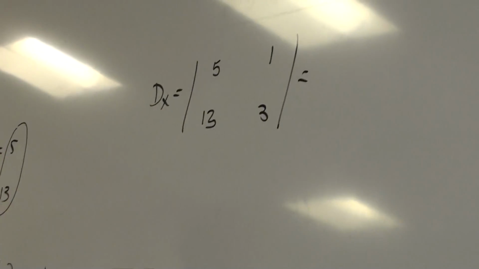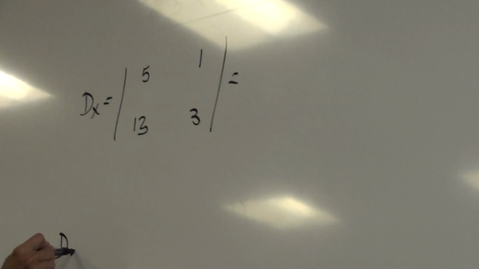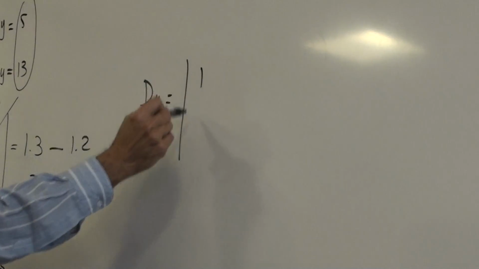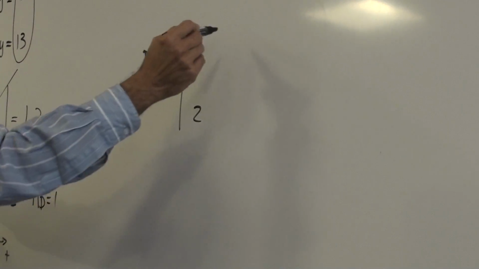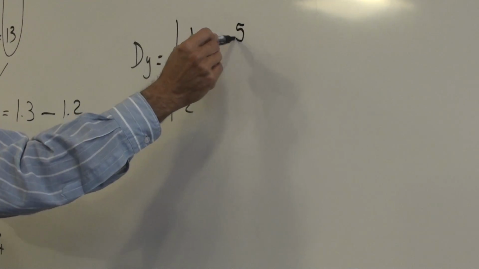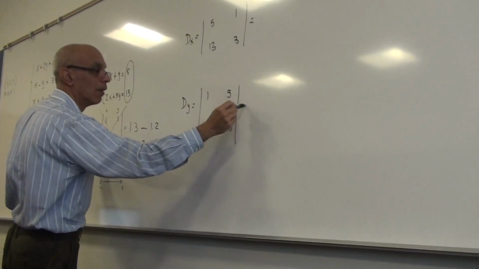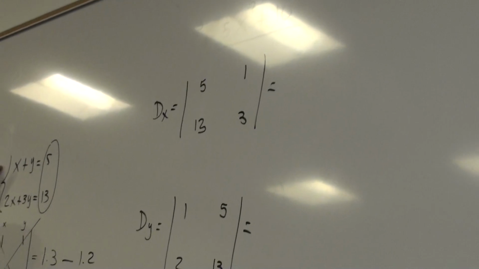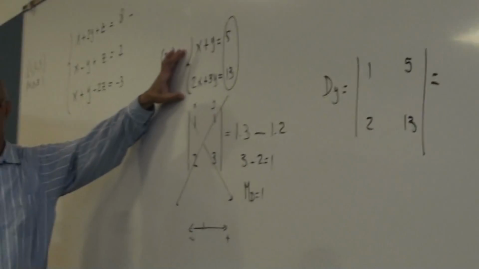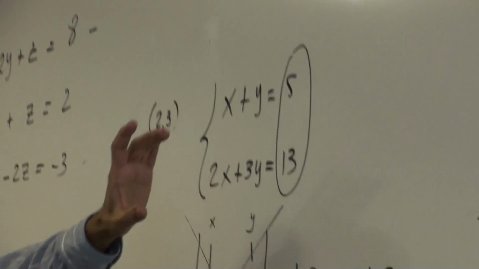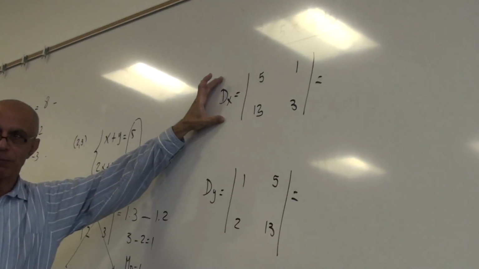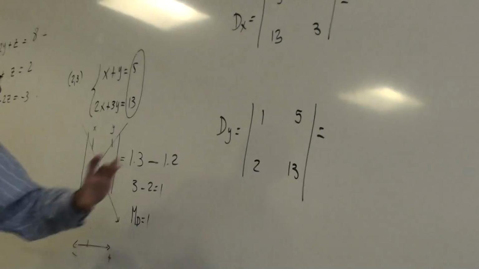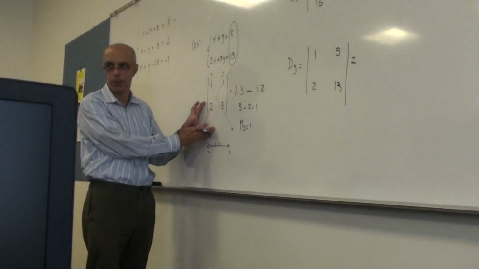So this is the dx matrix. The dy matrix is going to be the same thing. I repeat the x column, but I substitute the y column. Okay? So on this system of equations, how many variables do we have? 2, right? So we have to do a matrix for each variable, the dx, the dy, and we need to have the main matrix, okay?